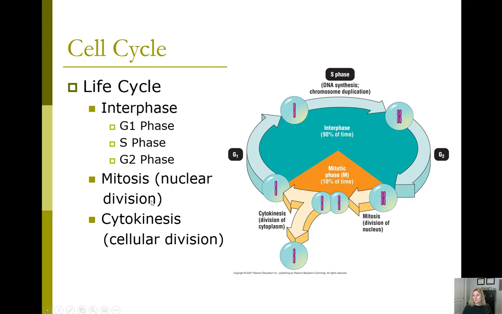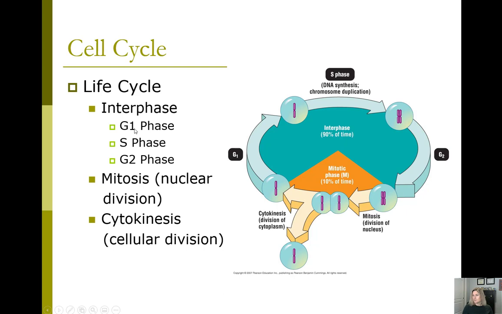Okay, so let's take a closer look at the different phases. So we know we've divided the cell cycle into two main phases. We have the interphase, the non-dividing phase, and then mitosis, the cell division phase. But within interphase, we can actually further divide it into three stages. And so we call the first stage the G1 stage or phase, the second stage the S phase, and then the third stage the G2 stage.